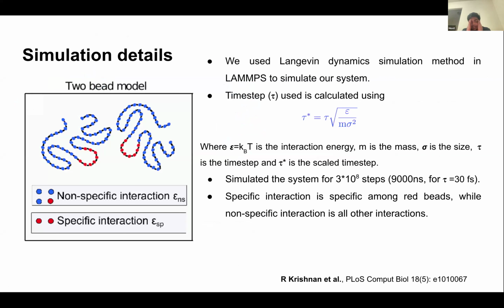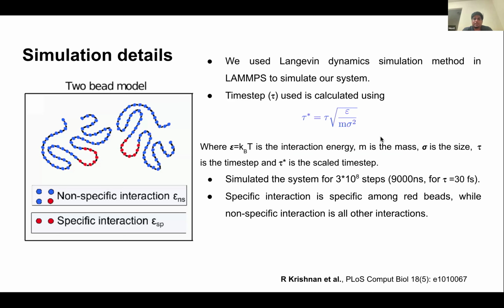To simulate this, we first simulated two alpha-synuclein chains, two semi-flexible polymers, using Langevin dynamics, and LAMMPS was the software used. We simulated for 900 nanoseconds. Since the beads are one amino acid in size, the time scale and delta t we use are much larger.